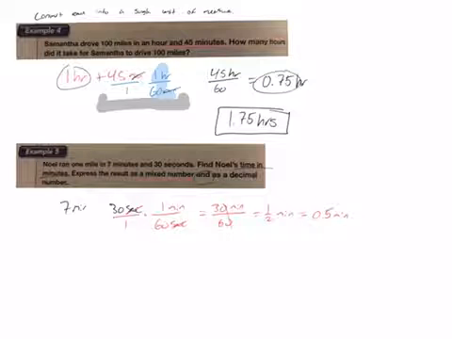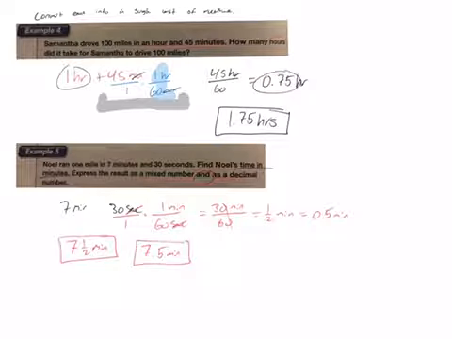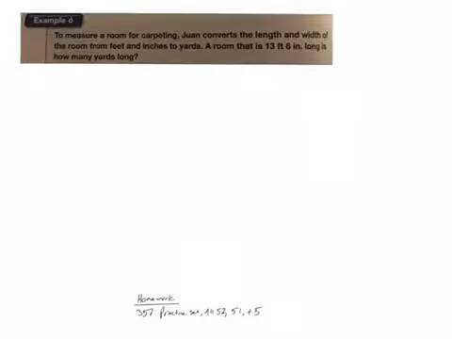Since it says it's a mixed number, I'm going to say 7 1/2 minutes. And as a decimal, I'm going to say 7 plus 0.5 is going to be 7.5 minutes. So 7 1/2 minutes, 7.5 minutes.